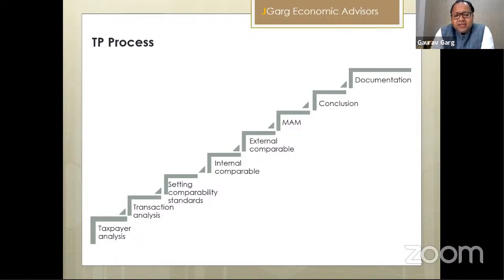Then the next step is setting comparability standards. Once we are clear that we can take India as a tested party, then we can set the standards. The standards for comparability could be, let's say, that the comparable entity needs to be a manufacturing entity.